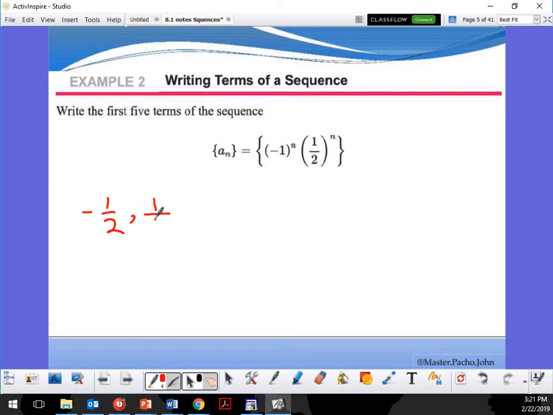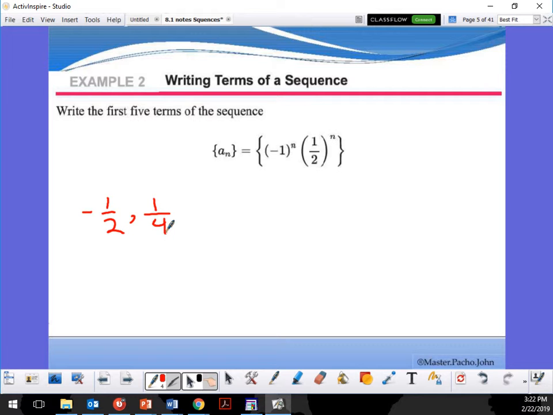If you notice what's happening with my signs here, they're switching signs. So when is it switching signs? Every other one, but you've got to be very precise in what you're calling it. It's odds and evens, right?